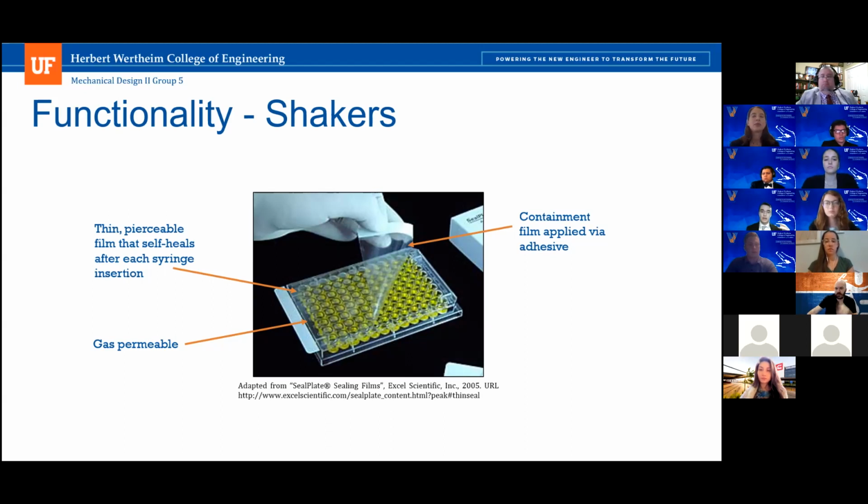So we have made the design choice that this would be the most efficient way to provide a clear surface for optical density measurements so that they're not altered in any significant way, prevent spillage, and still allow for small fluctuations in the ambient enclosure atmosphere to be transferred into the well plates. And the largest gas that will be injected into the system will be carbon dioxide that will be needed for experimentation. So that's also what influenced our decision for this.